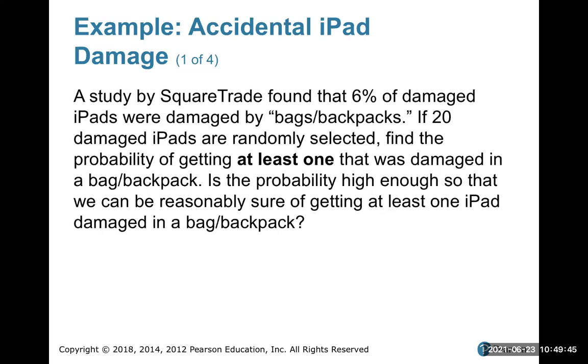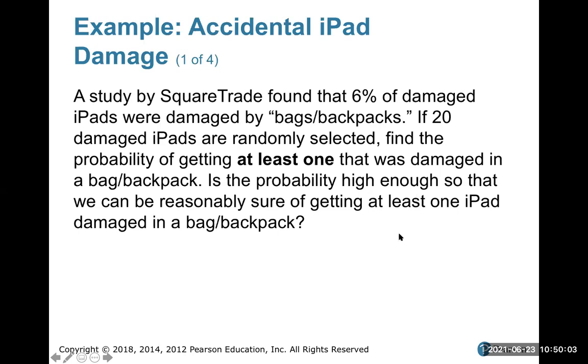So at least one means one was damaged, or two were damaged, or three were damaged, or four were damaged, and so forth. Or you could say 1 minus the probability of no damage out of these 20.